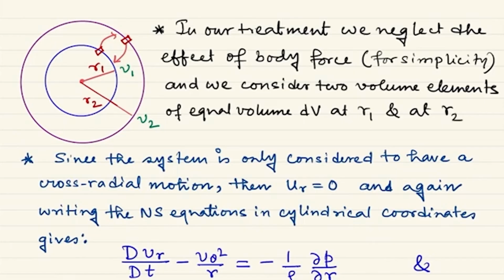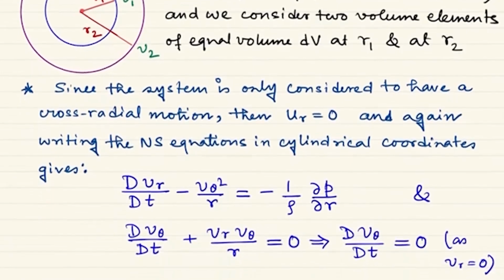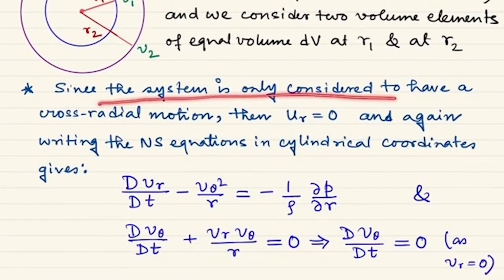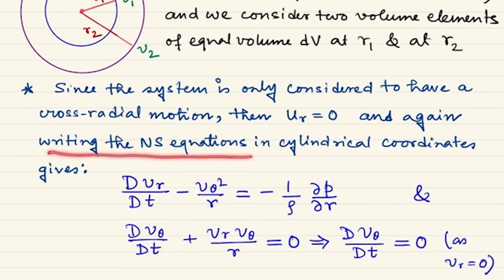Now, since the system is only considered to have azimuthal motion, Ur is 0. Writing the Navier-Stokes equation in cylindrical coordinates because of the axis symmetry, we have dVr dt, where d dt is nothing but the material derivative.